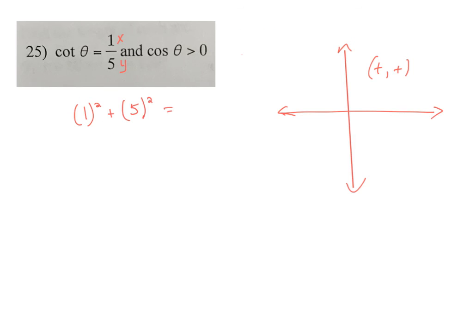All right, so I have 1 plus 25 equals 26. My r is square root of 26. And then I can give my other ones just based on page 242. I can do my other ones there. It's just y over r, x over r, y over x.